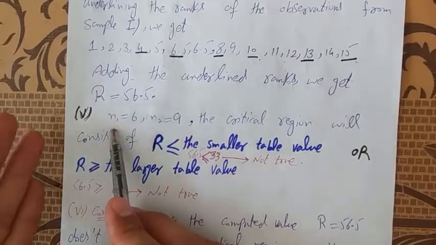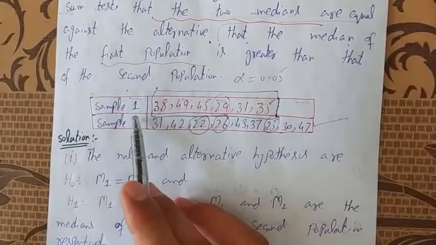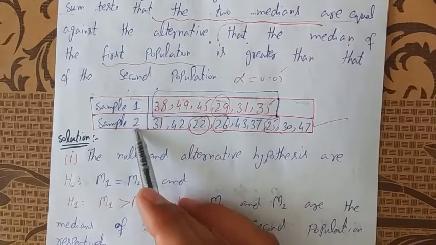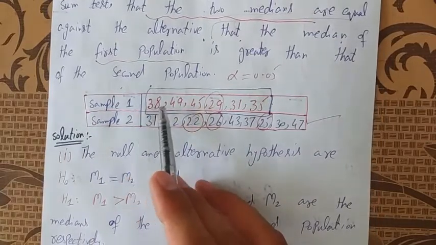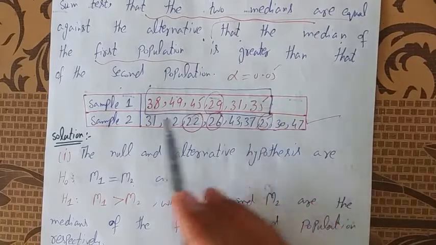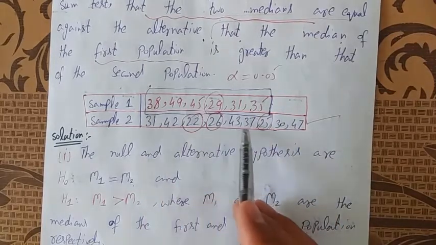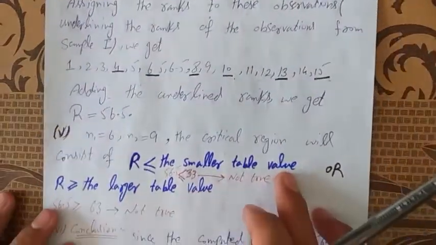For the critical region, first of all, students, we find the number of values in sample 1 and the number of values in sample 2. The values in sample 1: 1, 2, 3, 4, 5 and 6, so n1 is equal to 6, and in sample 2: 1, 2, 3, 4, 5, 6, 7, 8 and 9, so n2 is 9.